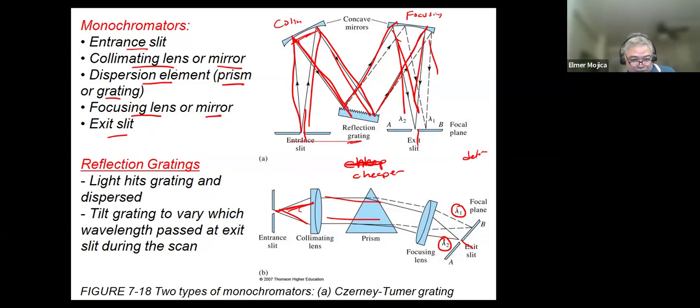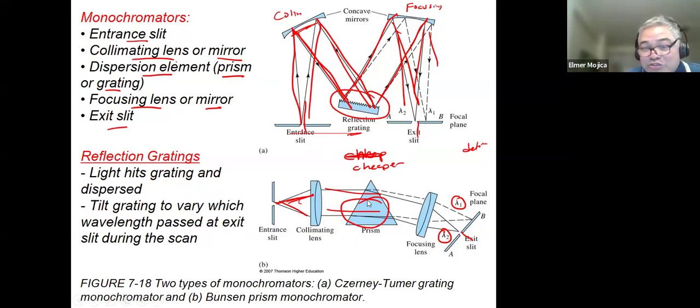While the Czerny-Turner can cover a wide range too, if you want to select a wavelength of interest, I think it's much better compared to the Bunsen prism monochromator. And in terms of spectral resolution, the Czerny-Turner will give you a high resolution, because you have gratings rather than a prism. That is the main difference.